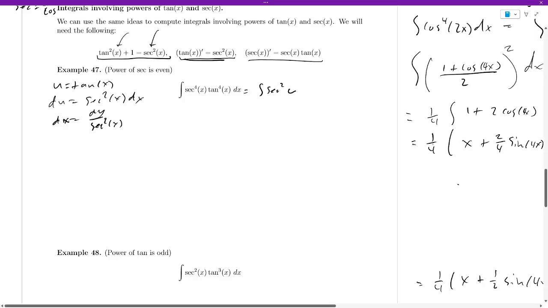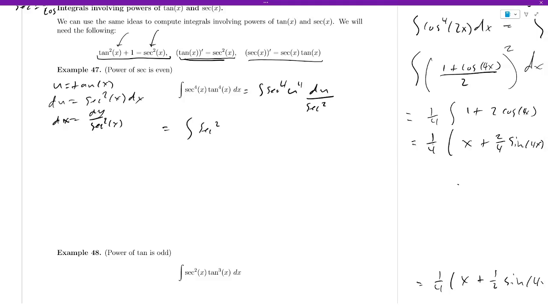Tan is u now, because we substituted. And then dx turns into du over secant squared. Sorry, this was secant to the 4, excuse me. So 2 of those will cancel. I'll have secant squared on top and u to the 4 du.